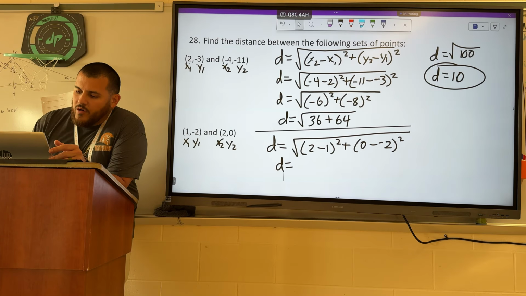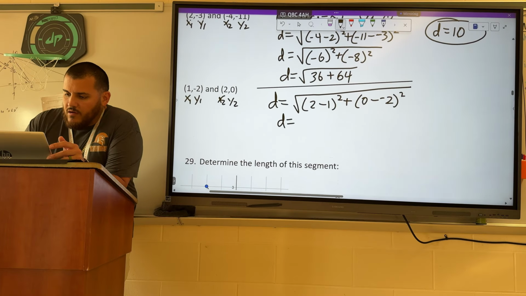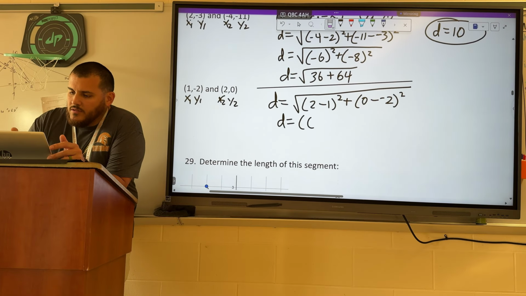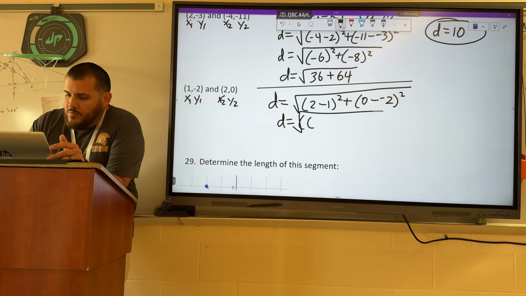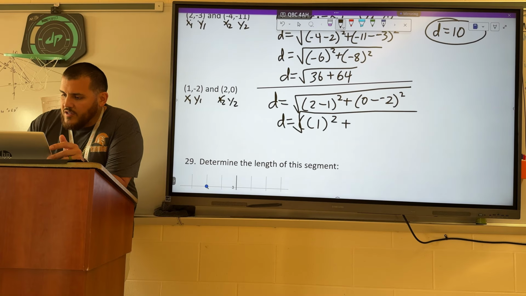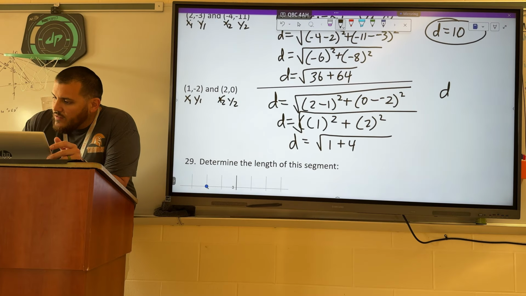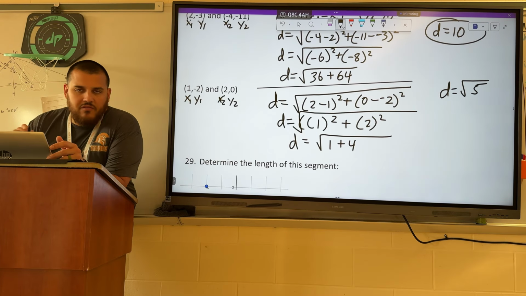Then we're following the order of operations here to solve. 2 minus 1 gives me 1 in that first parentheses. 0 minus -2 gives me 2. Then we're doing exponents. We're squaring. 1 squared gives me 1, 2 squared gives me 4. We add those together, coming over here, we get the square root of 5.